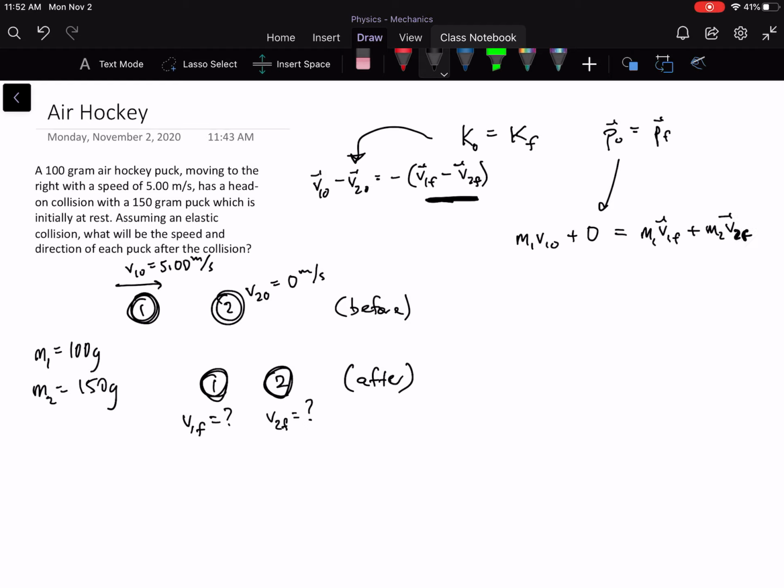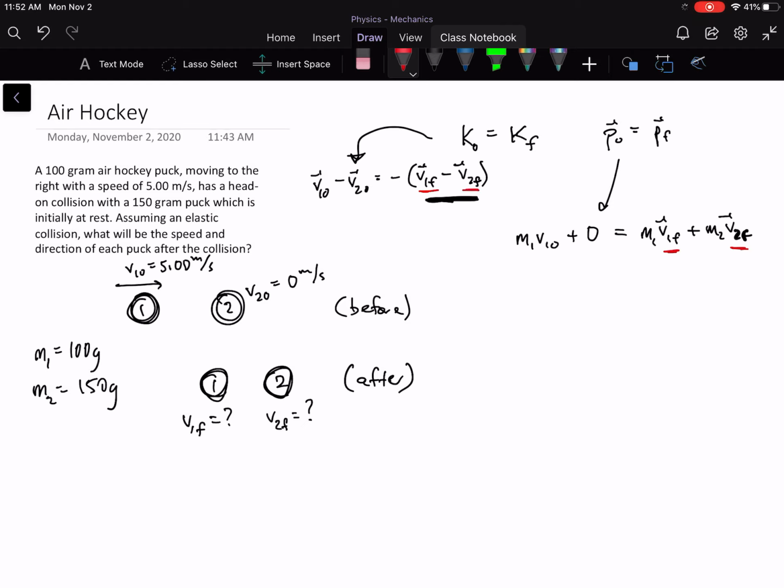I'll leave the little vector symbols to demonstrate that we don't actually know their directions, so one of them might turn out to be negative. And if we just look at that expression, we know everything in it except for the two unknowns that we want. We know everything except for v1F and v2F. And the relative velocity expression has the same two vector quantities as unknowns.